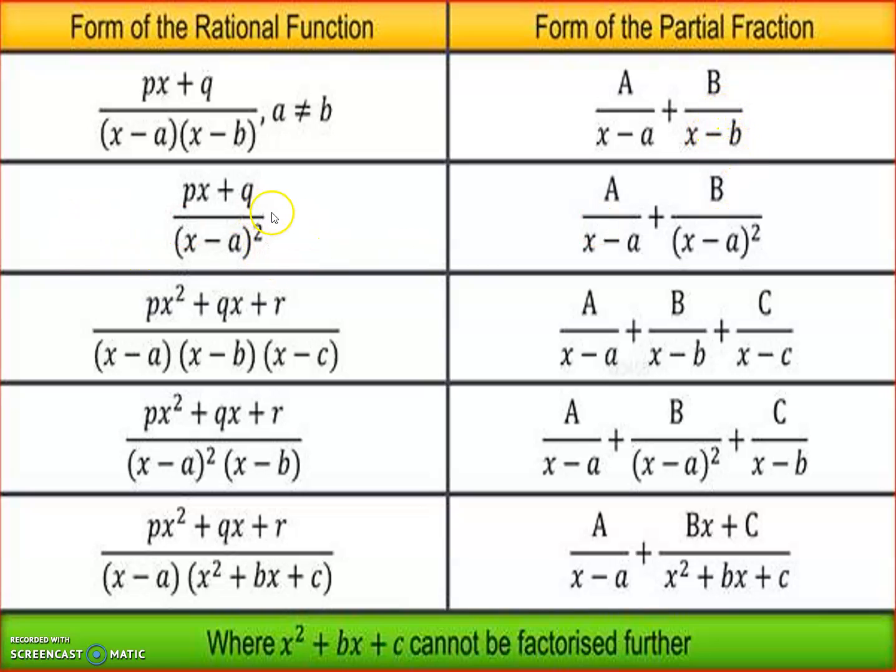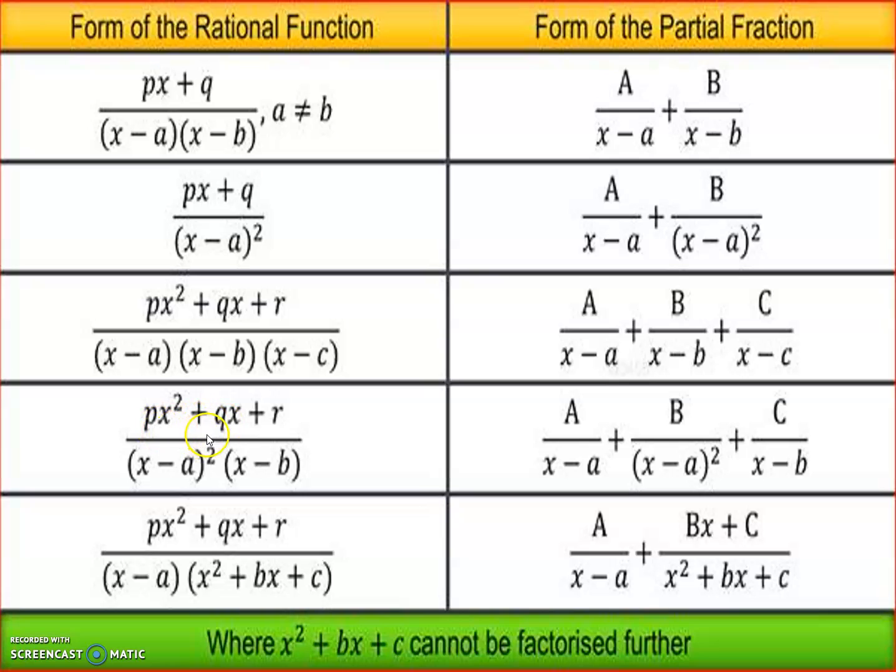Next, px plus q upon x minus a whole bracket square: capital A upon x minus a plus capital B upon x minus a whole bracket square. Next, px square plus qx plus r upon x minus a, x minus b and x minus c. We should write these as non-repeated factors: capital A upon x minus a, capital B upon x minus b plus capital C upon x minus c.